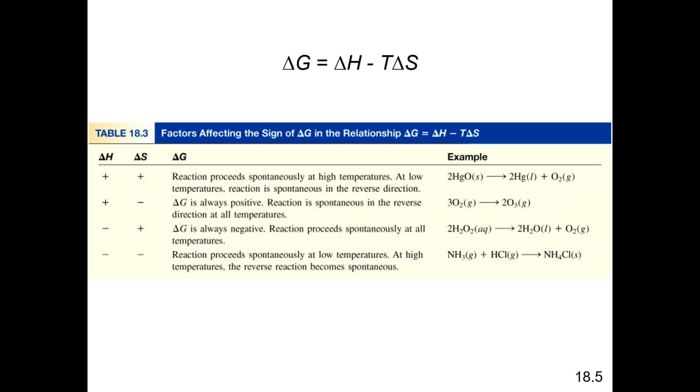But if the temperature is high, then the reverse reaction will be spontaneous, all right? So as you can see, the sign of delta G is dependent on whether delta H and delta S are negative or positive. There are different possibilities as summarized in this table.